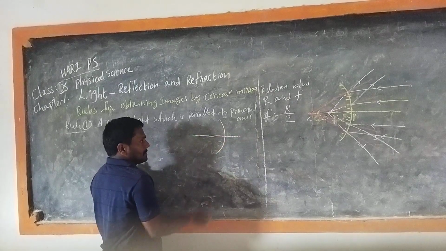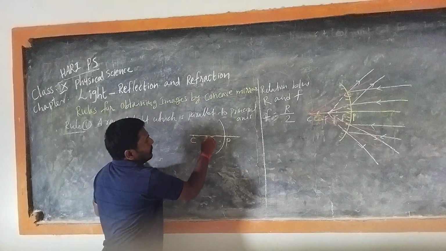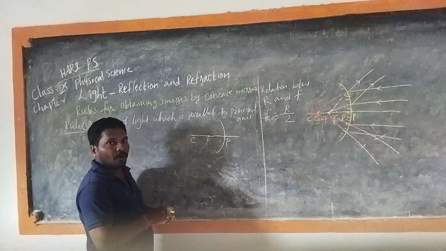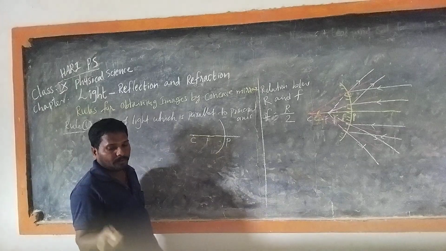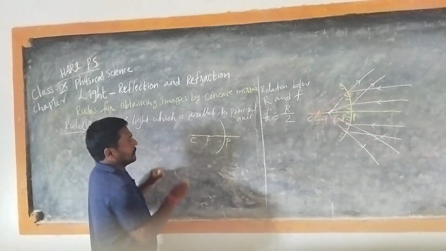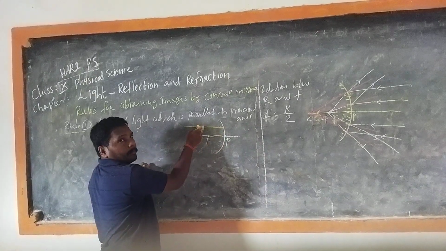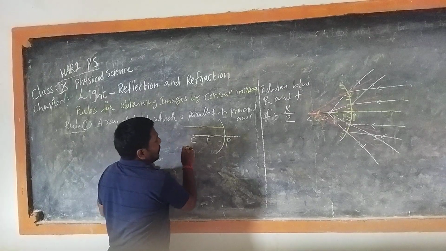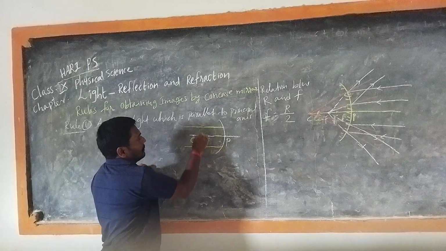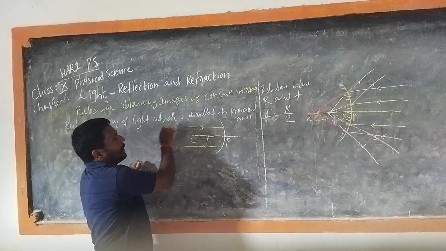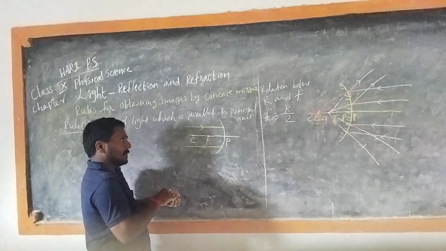This is the principal axis, the pole, the center of curvature and the focus. Here we have taken two light rays. This is a light ray parallel to the principal axis, and this is another light ray parallel to the principal axis. What happens after reflection?